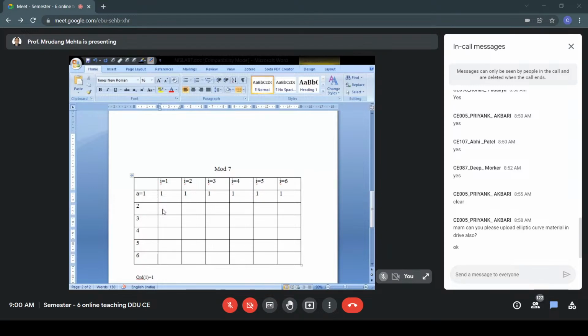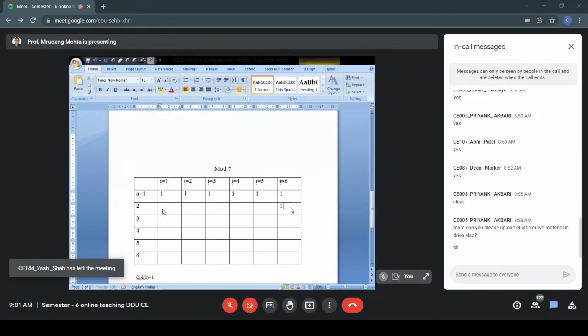Now 2 raised to 4 is 16, so the remainder is 2. 2 raised to 5 is 32, and 32 mod 7 is 4. And 2 raised to 6 mod 7 is 1.